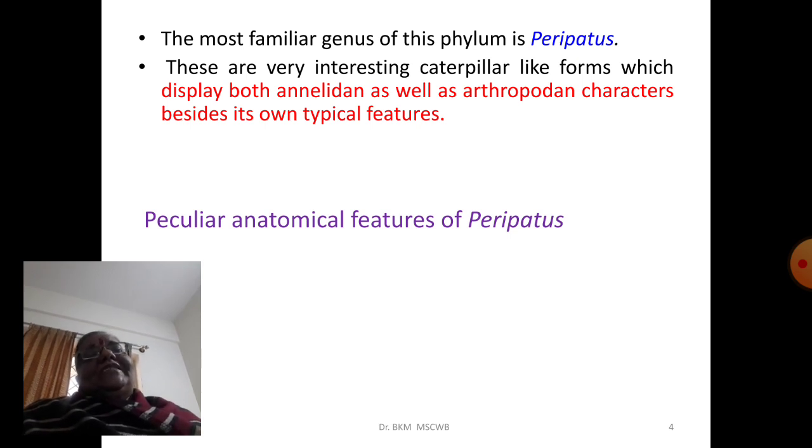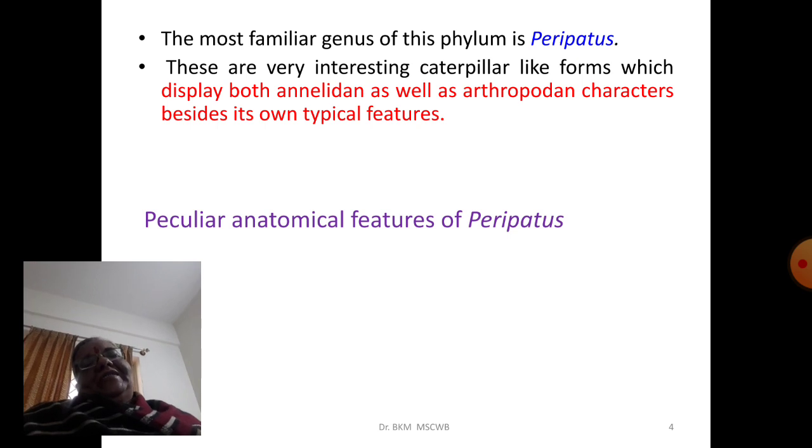Why it is so interesting for zoologists is that it shares the characters of both annelids as well as arthropods. And please note, apart from displaying annelidan and arthropodan characters, it shows its own typical, salient, unique features.